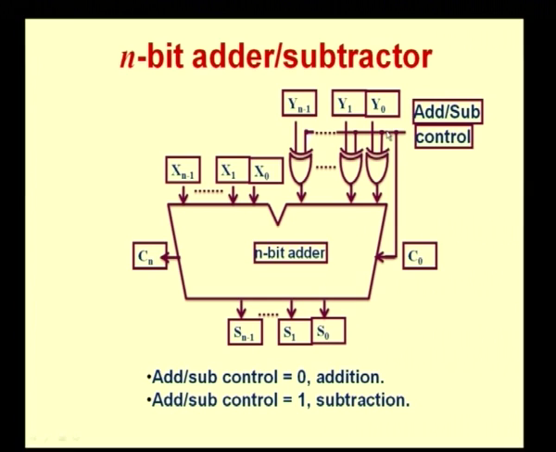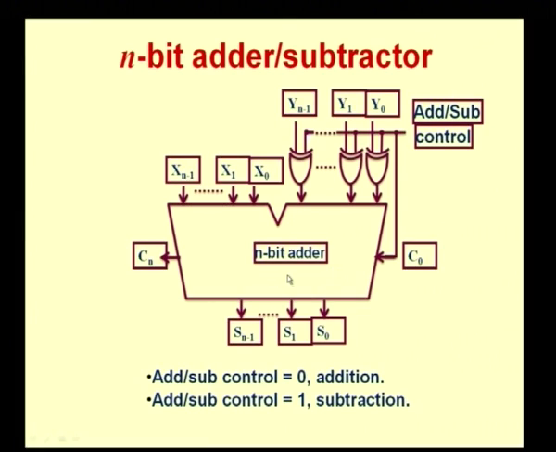If it is a subtraction operation, then the inverted values of y are given as inputs over here, and your C naught also is set to a 1 because C naught is equal to this control function. Okay. So, we are feeding in a value of 1 here, inverting the values here, and then getting the addition done. So, this is a circuit that we can use as an n bit adder subtractor, or same ripple carry adder, using the n bit adder that we have already seen. So, this is one other simple circuitry that we have.